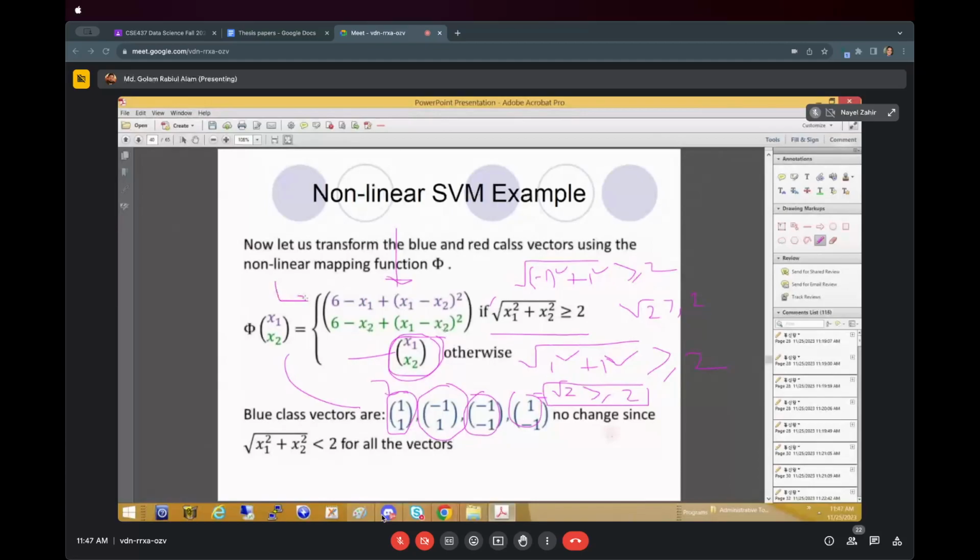That will not work actually. So for each and every problem, for different data sets, we need to think about different types of kernel tricks. There are a few benchmark functions that we call kernel functions. We will discuss those also, but those are also not enough. Sometimes you need to build the kernel trick by yourself.